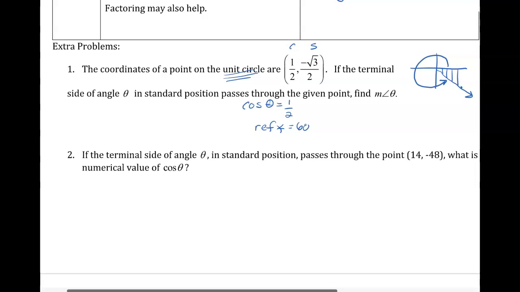So if I have a 60-degree reference angle, I can figure out what my overall angle is by saying I'm going full circle but stopping 60 degrees short. If I stop 60 degrees short of 360, our overall angle is 300 degrees.